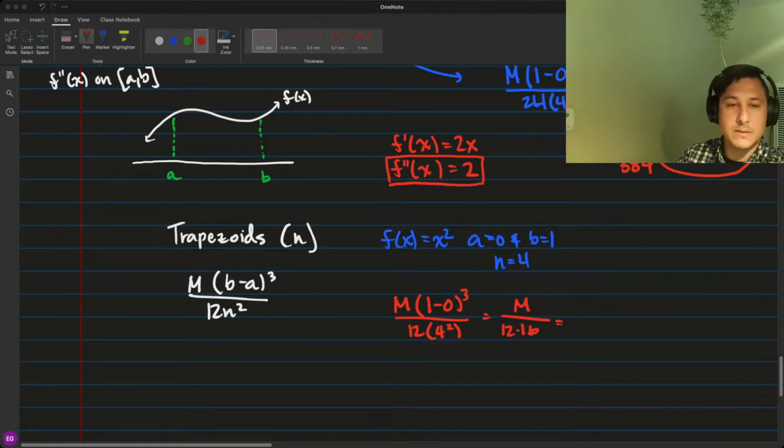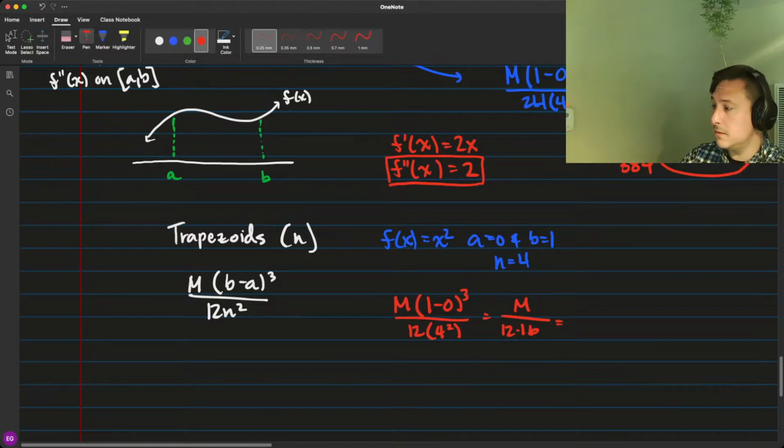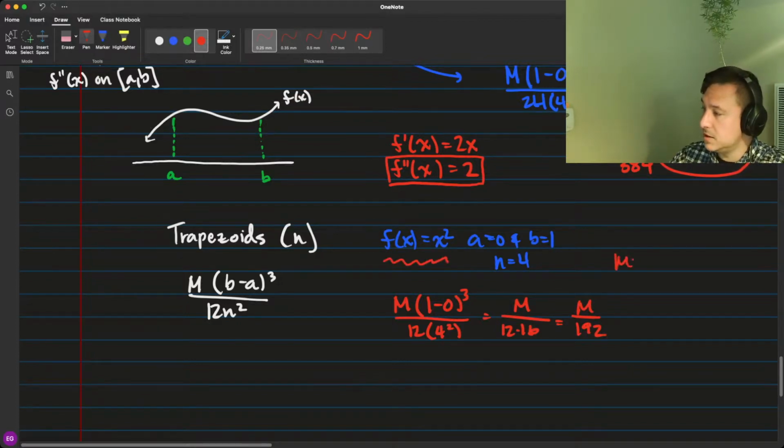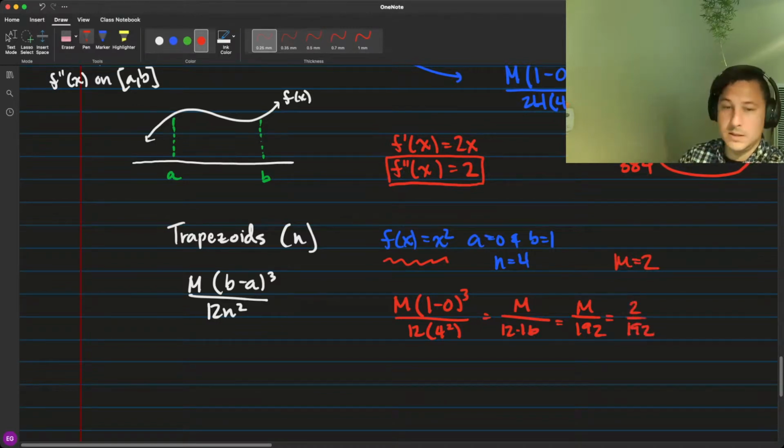What the hell is 12 times 16? Twelve times 16 is 192. So you get M over 192. Now, for f of x equals x squared, we figured out that M is 2. So you get 2 over 192.